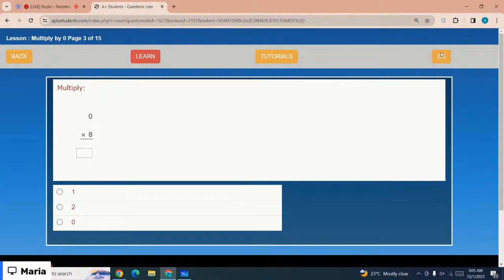The next one is 0 times 8. So 0 times 8 equals, the correct option is 0, right? Any number multiplied with 0, the answer is always a 0. So 0 times 8 is 0.